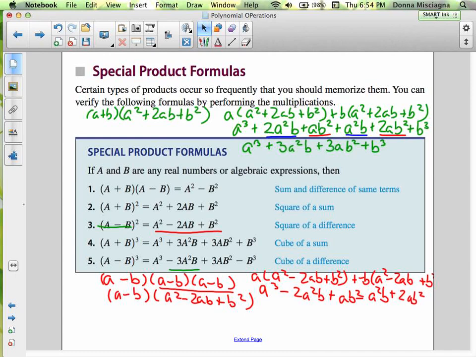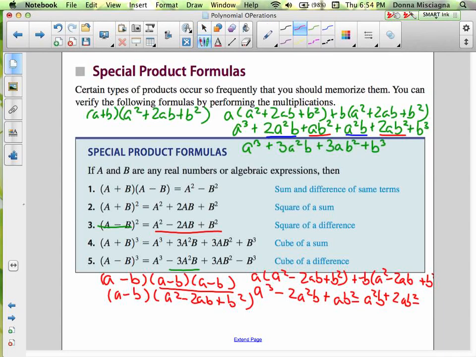And then we have negative b times b squared, which is going to be a negative b cubed. So you can see, except for the last term, which went right off the screen, because of the difference in the sign for that middle term, we're going to end up with some negative values. There we go.